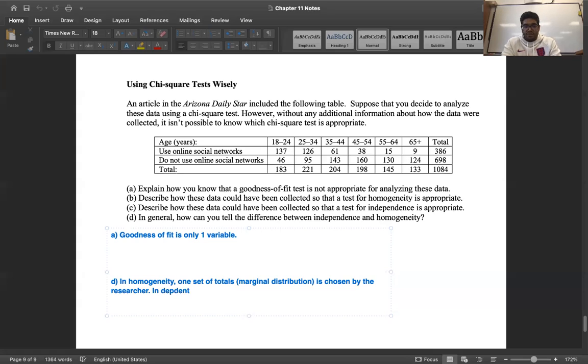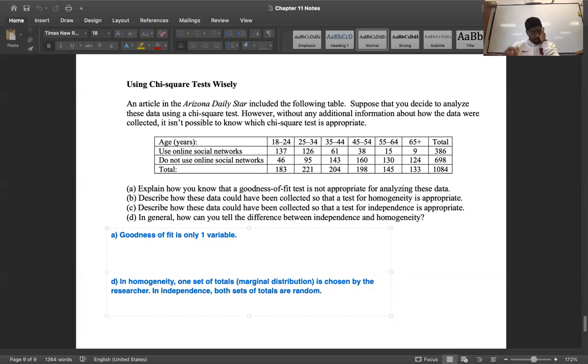In independence, both sets of totals are random.